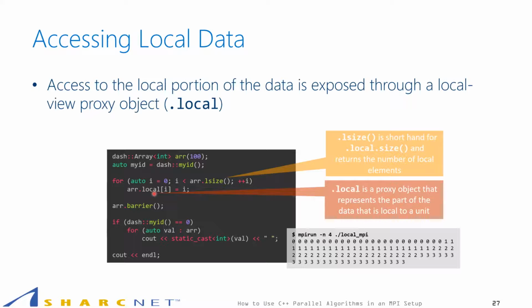You should always use the local, but you can use auto to assign it to a pointer or local pointer. If you fill that with, for example, the unit ID, you can get a result like this. The good thing is that when you use the local referencing, it's automatically parallelized among all the units.